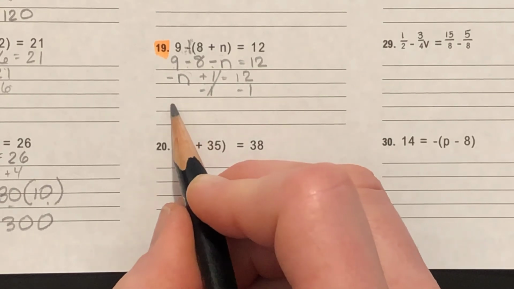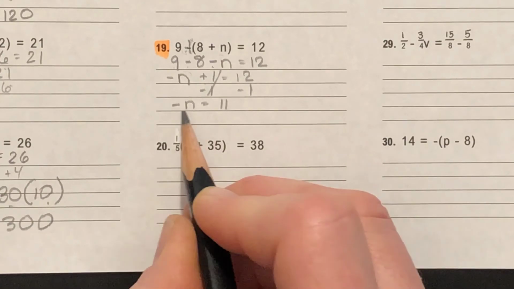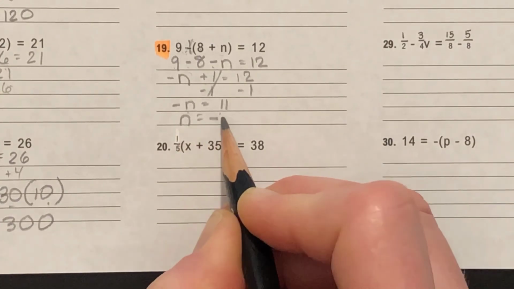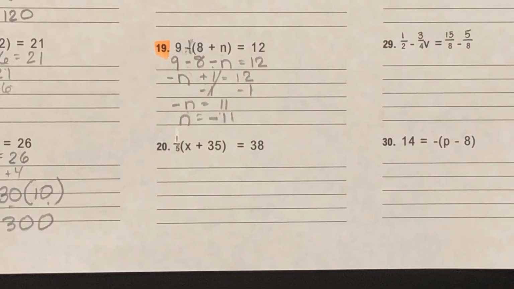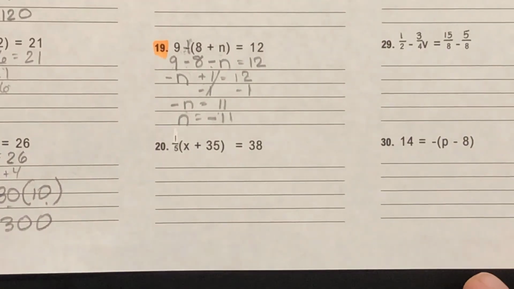That leaves me with -n equals 12 minus 1, 11. If -n is 11, then positive n is -11. And I think we got this. We absolutely got this. I tell you what, look over at number 27.